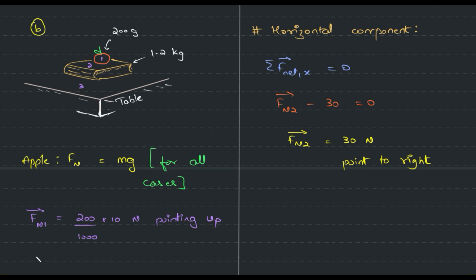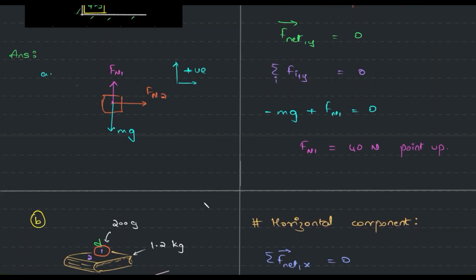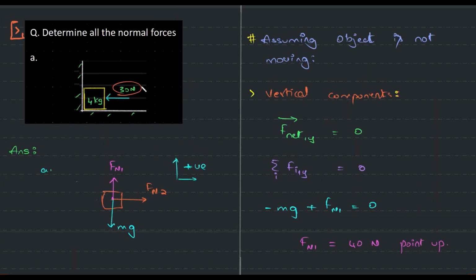Actually, we do have only two normal forces. So those are the two normal forces that you get to see in this diagram. But the first one gives you a good picture of how a normal force can be. It's not only against gravity, it can be against any other force as well.